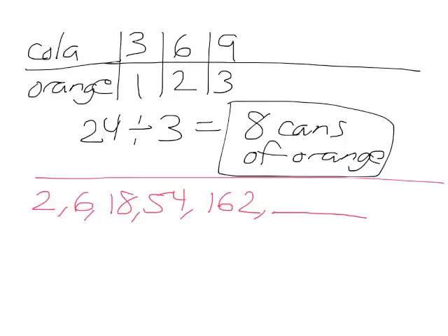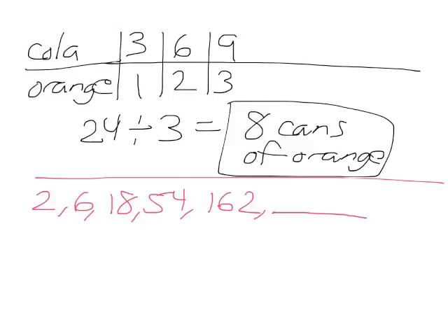So, Mr. D'Elia, what do you think the next term is going to be? Well, here's what I'm seeing here. The other patterns we did all had to do with adding. Like, for example, with the cola, I'm adding 3 to the 3 to get 6, and I'm adding 3 to the 6 to get 9, and I'm doing the same with the orange, except I'm adding 1. But in this pattern, I'm not adding. So I've got a couple of other operations I can think about. Could be subtracting, but that's not what's happening here. Dividing, but no, the numbers are getting bigger.